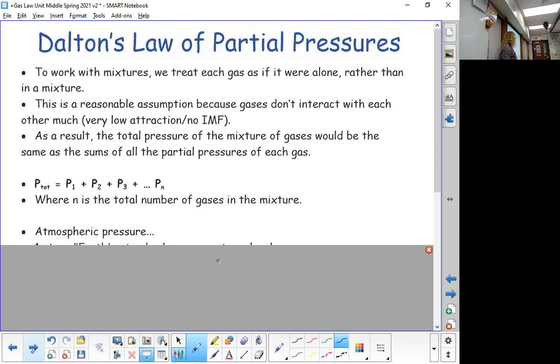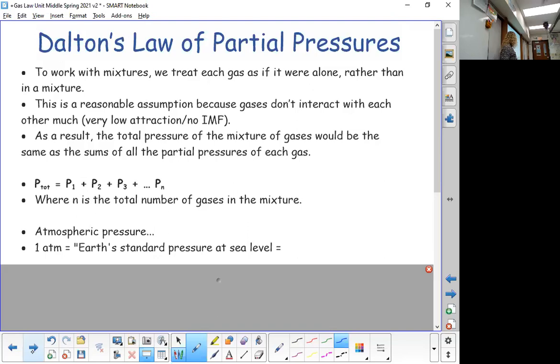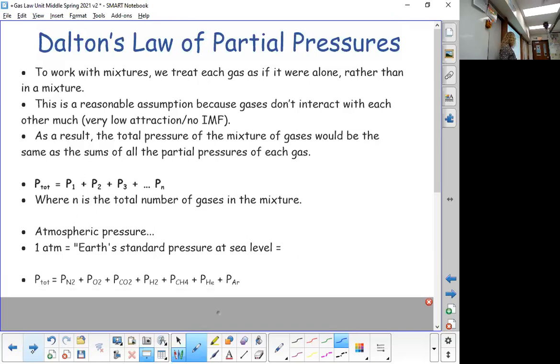So for example, the air that we're breathing in is not pure. It's atmospheric pressure. So when we get this number 1 atmosphere, which is Earth's standard pressure at sea level, what that really is, the total pressure, would be the sum of the makeup of our atmosphere, which is made up of mostly nitrogen and oxygen gas and carbon dioxide and hydrogen and methane and helium and argon.